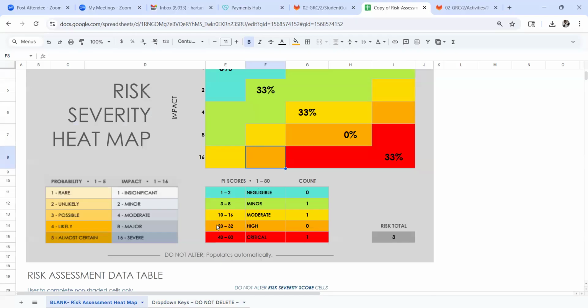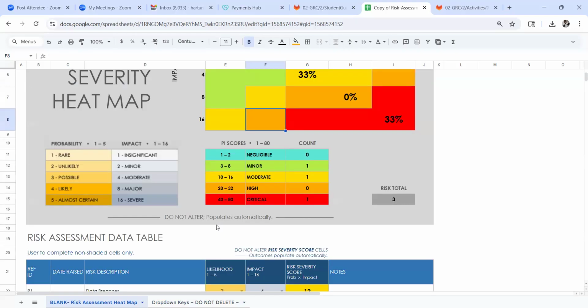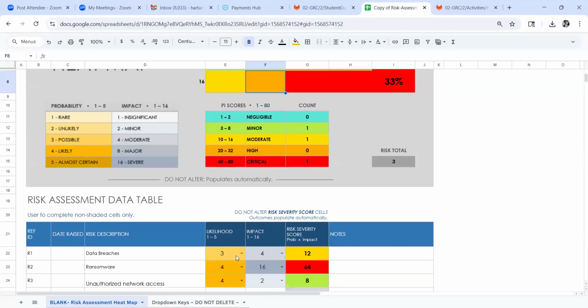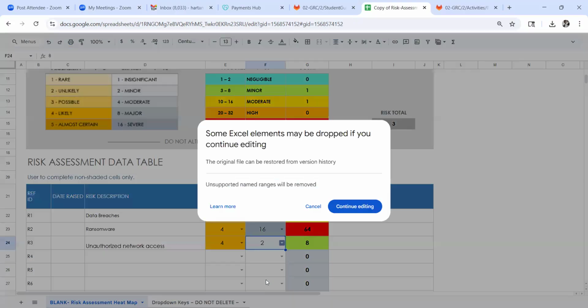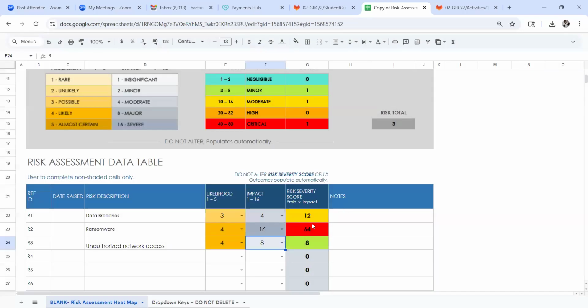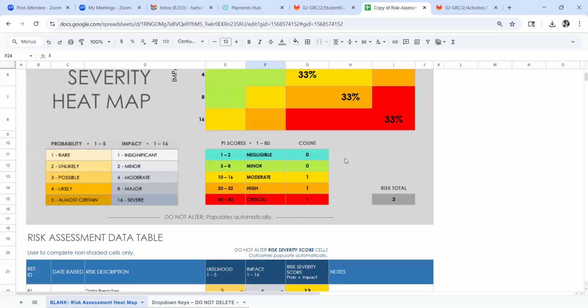Score 1 to 80, okay. Explain that the heat map is auto-populated as you fill in the risk assessment tab. When you change anything here, suppose you check 8 here, you change here and the impact will change.